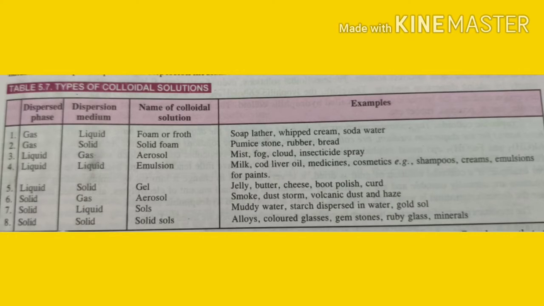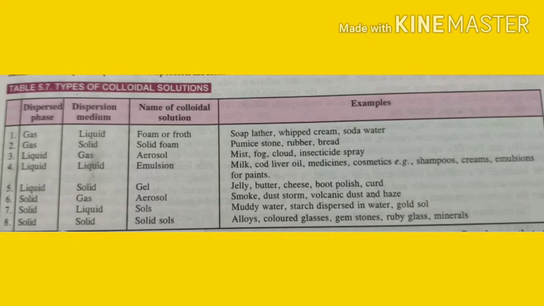Out of solid, liquid and gas, each one can act as a dispersed phase or dispersion medium, leading to 8 types of colloidal system. However, since gases are always miscible irrespective of their nature, their mixture will not act as a colloidal solution because they form a homogeneous mixture.